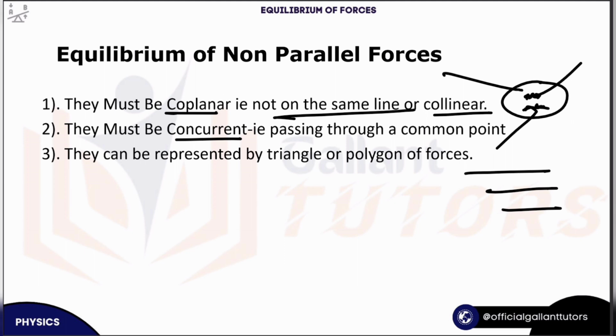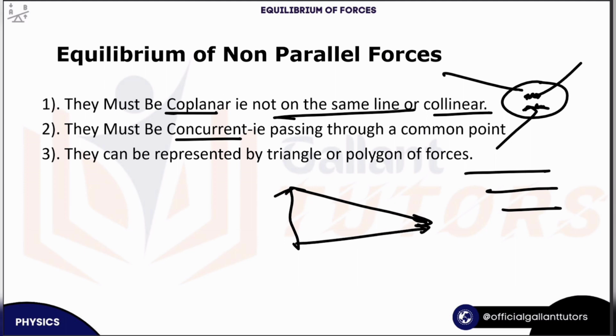And with this, I can actually represent it using a polygon of forces or a triangle, and the triangle law, right? Triangle law means this can be A, this can be B, depending on their orientation.